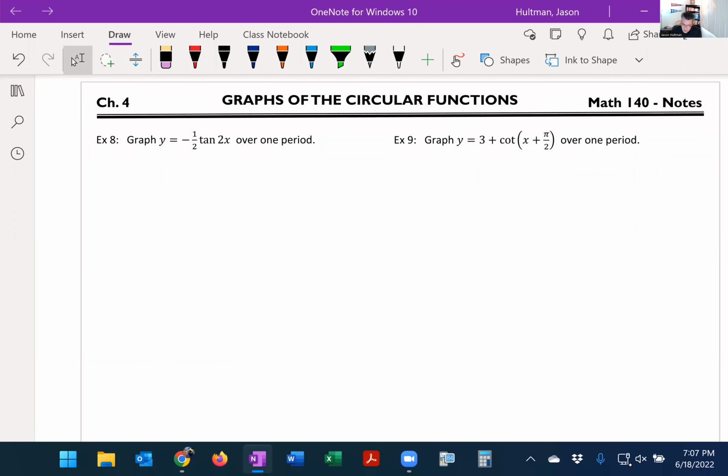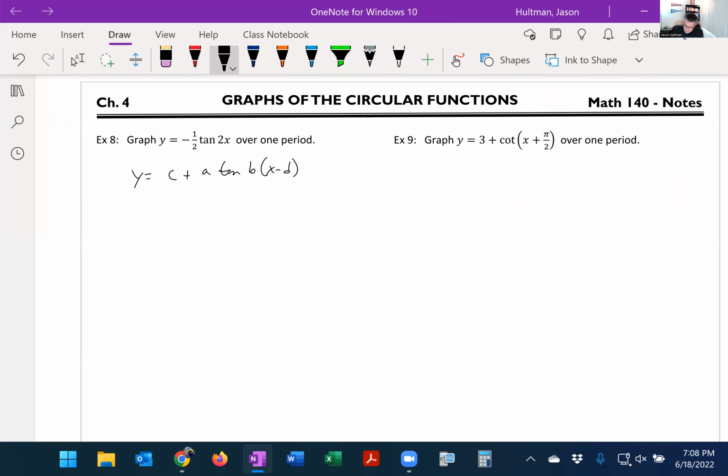Okay, we're going to graph y equals -1/2 tangent 2x over 1 period. So this has the same structure as the sine function and cosine function. We have y equals c plus a tangent b times x minus d.